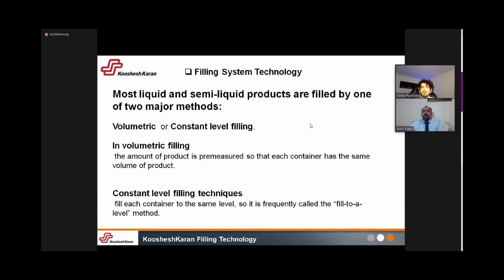In volumetric filling, the amount of product is pre-measured so that each container has the same volume of product. Constant level filling technique fills each container to the same level, so it is frequently called the fill to a level method.